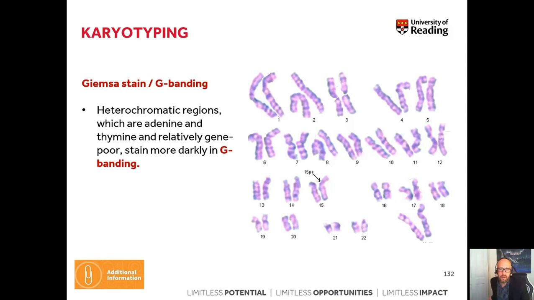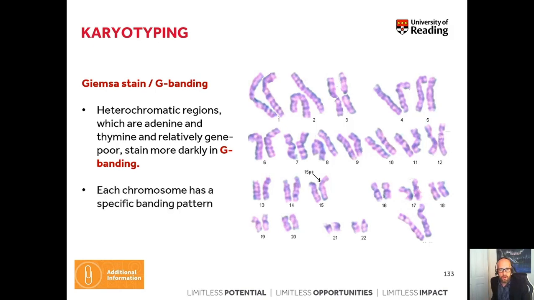One very classic example of such DNA-specific staining is the so-called Giemsa stain. If you stain chromosomes with the Giemsa dye, you will end up with a very defined pattern on each chromosome, because heterochromatic regions with DNA that is highly condensed stain more darkly in the G banding.